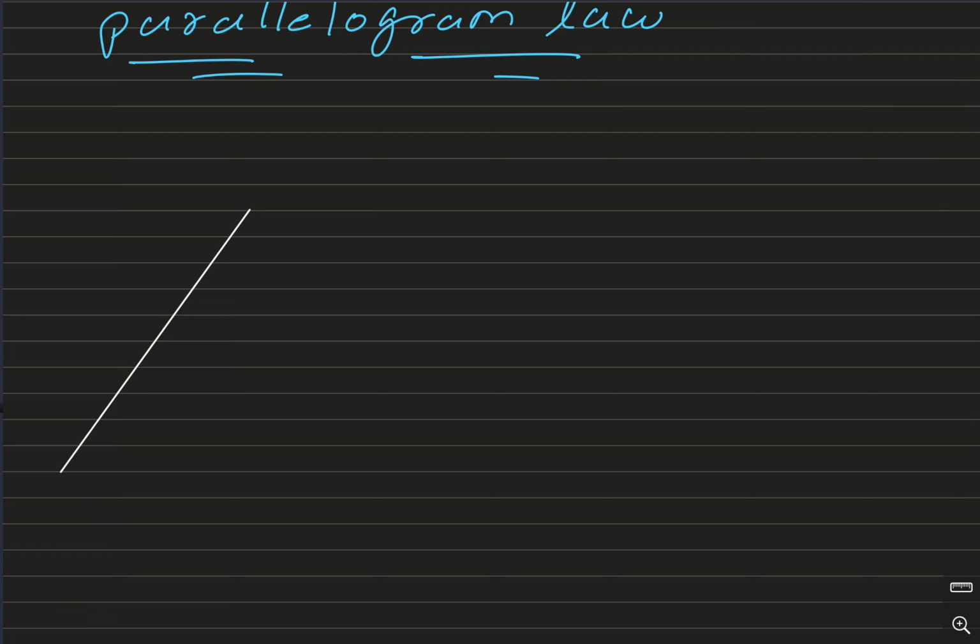This is vector B and this is vector A, and these two vectors are not perpendicular, as you can easily see in this graph. So draw the parallelogram.